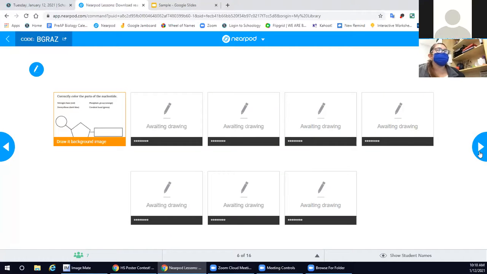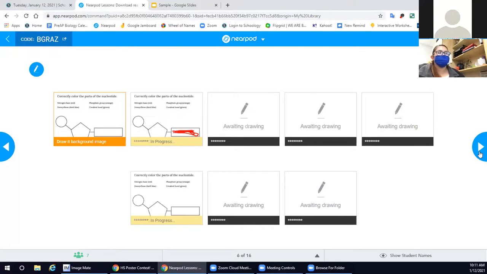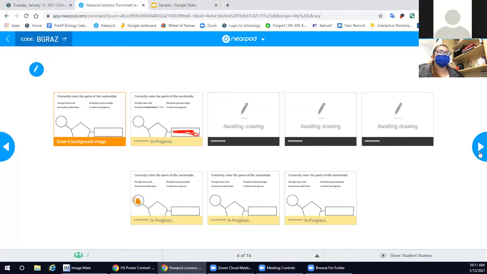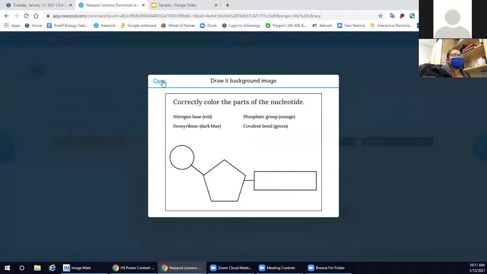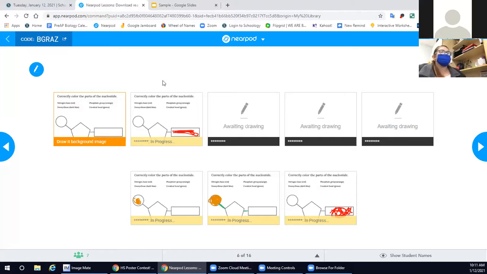Color the nitrogen base, the deoxyribose, the phosphate group, and then color the covalent bonds. Got some beautiful coloring going on.